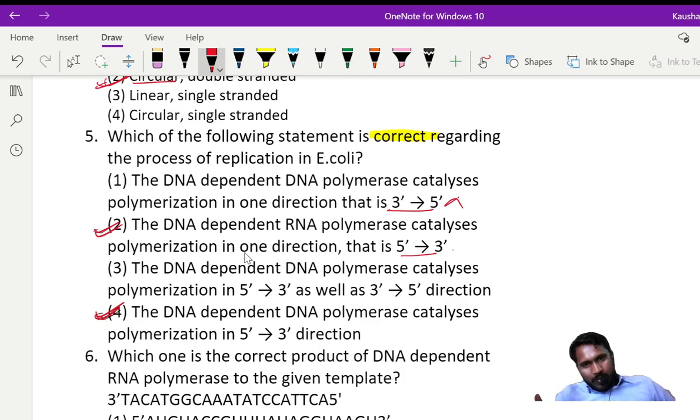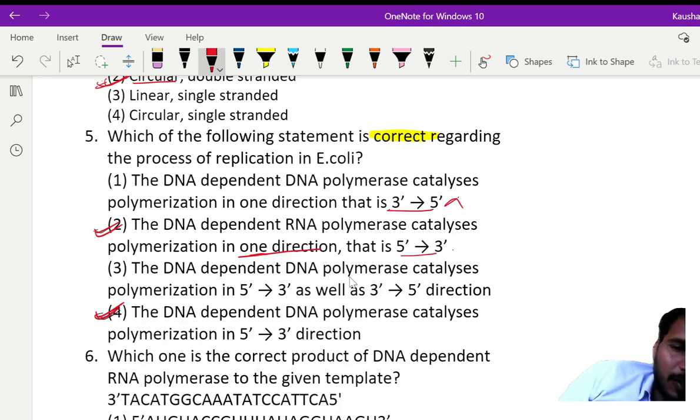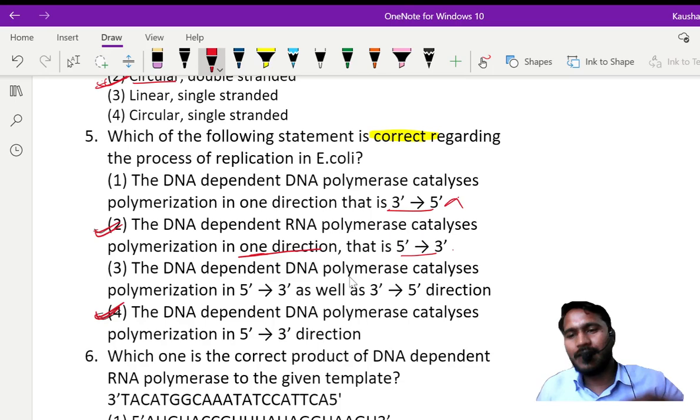DNA dependent DNA polymerase catalyzes polymerization in 5 prime to 3 prime direction. So both options are clear. If we have to choose, then we have to choose the more appropriate. Hmm. Let's see. Come with your opinions in the comments, then we'll discuss there.